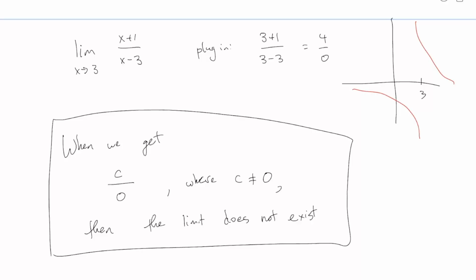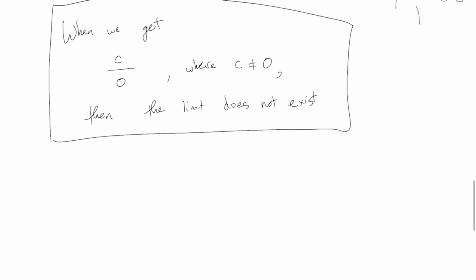All right. So in this example, the one that I just scrolled off the top there, if you were doing this on a test or something, I would say you just try to plug it in. You get 3 plus 1 over 3 minus 3, which is 4 over 0. And I just say, that does not exist, and that's it. So there's not really any more work to do.